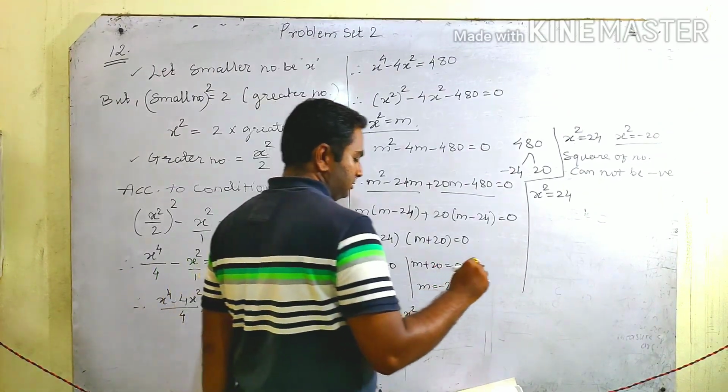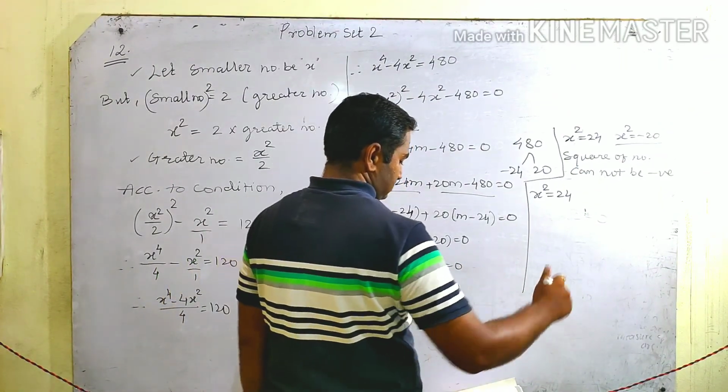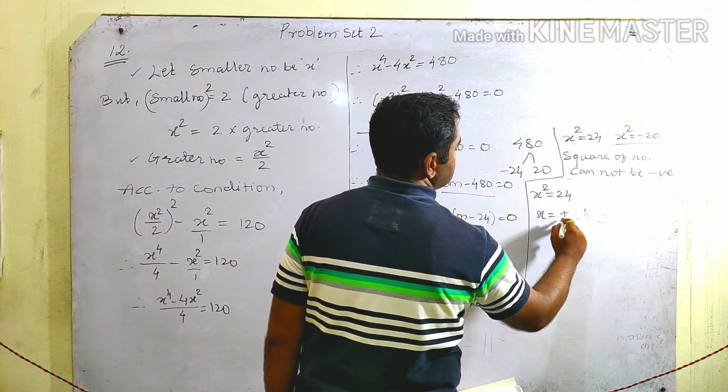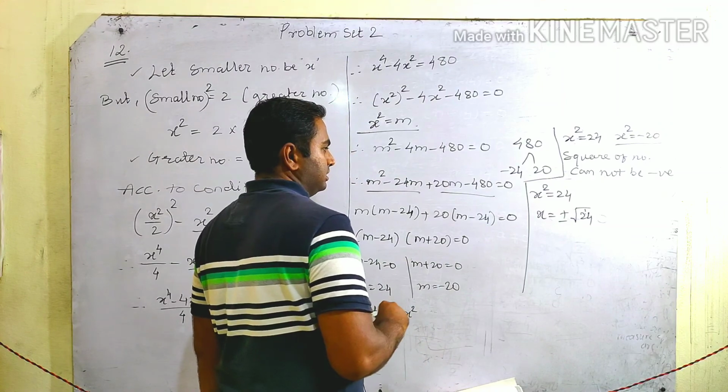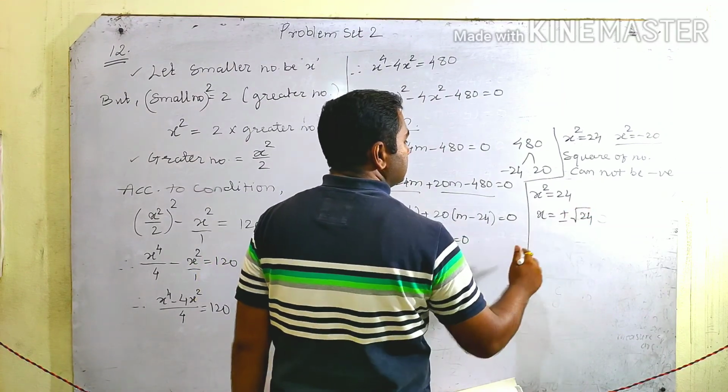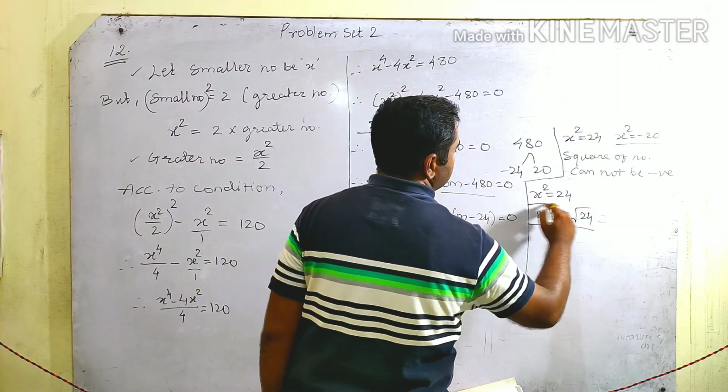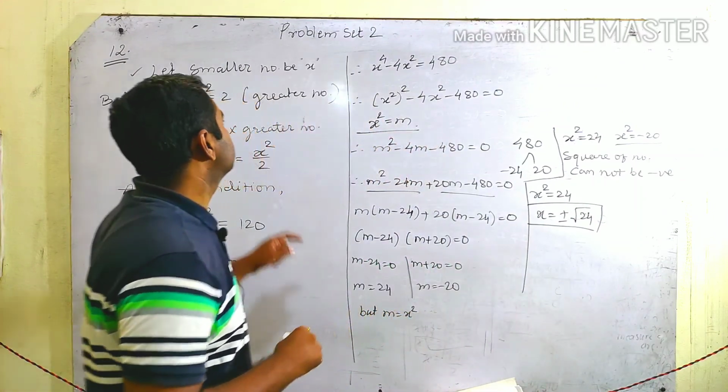So what is the square root of this x square? x is equal to plus minus under root 24. This is the smaller number, x is the smaller number.